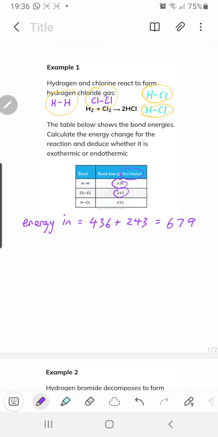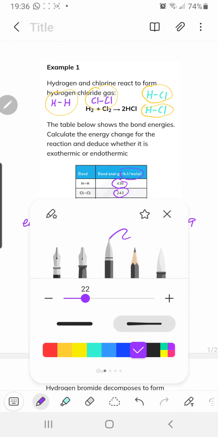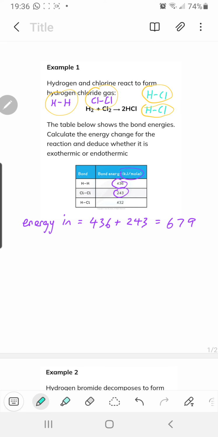Okay, and don't forget the units, kilojoules per mole. Okay, and then next we have energy out. So by forming new bonds, this much energy was released out. So we have two of them. So 2 times 432, which would then be 864.